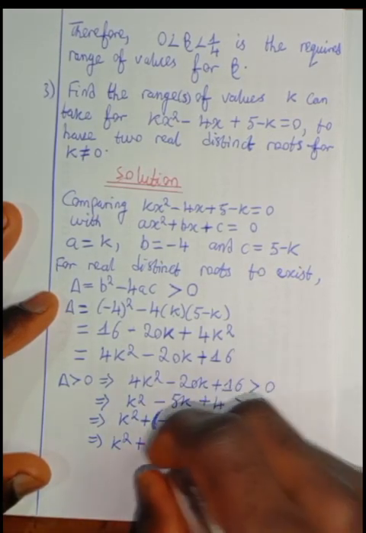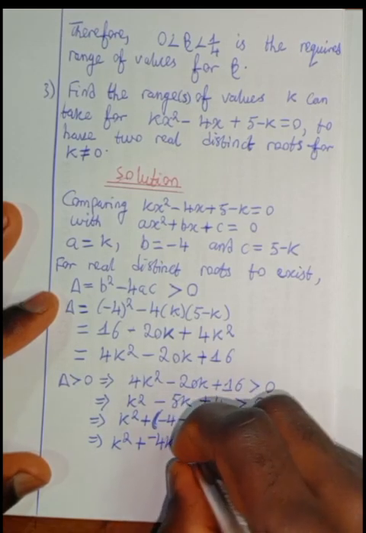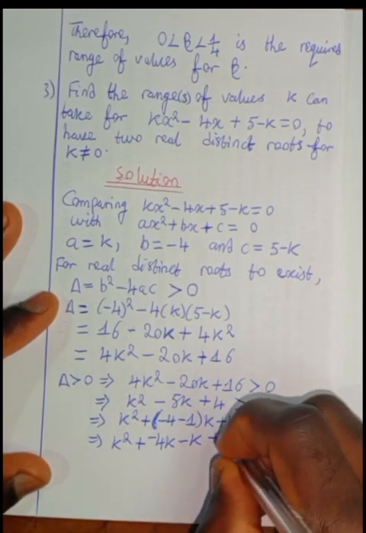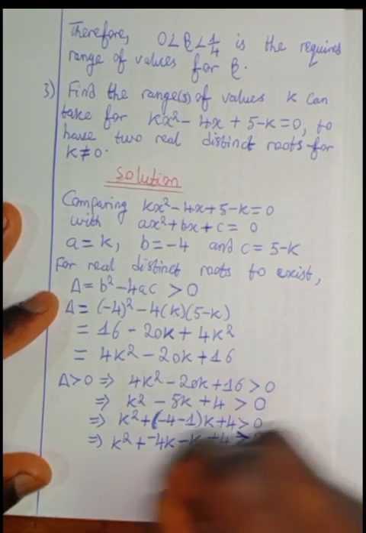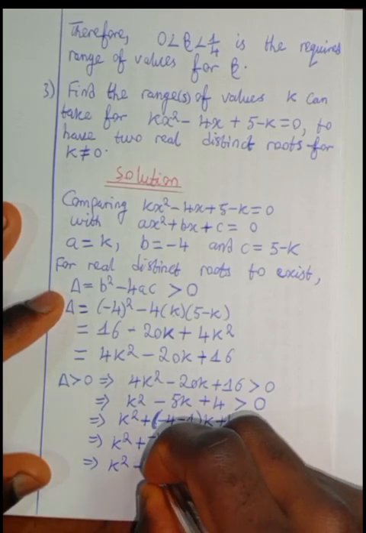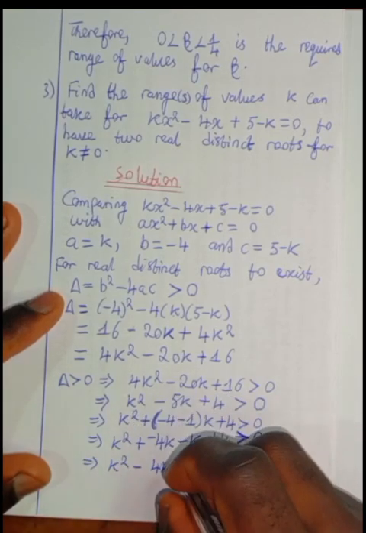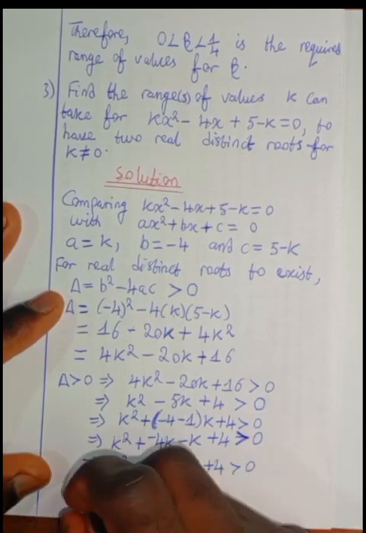Then k squared plus negative 4 times k gives us negative 4k. Negative 1 times k gives us negative k plus 4 will be greater than 0. Then k squared minus 4k, minus k plus 4 is greater than 0.